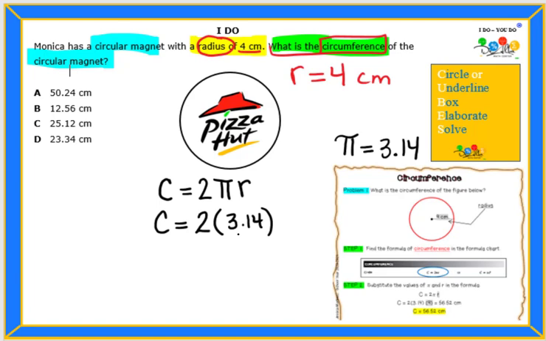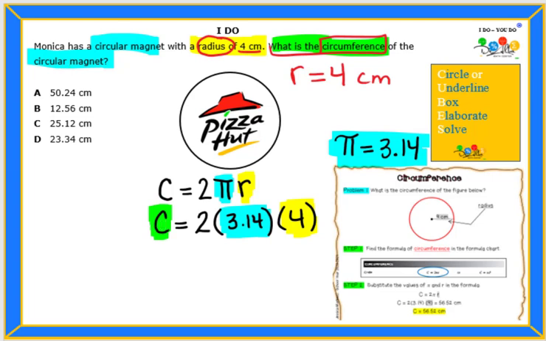And r was the radius that they gave us, which was 4. So again, we got 4 from the problem. It gave us 4. It was our radius. Pi is the same for every circle, 3.14. And that's how we're going to get our circumference.